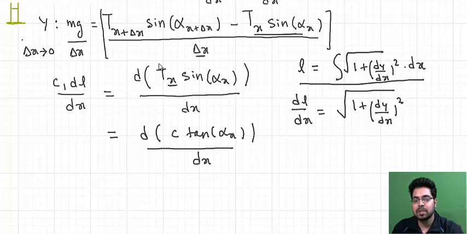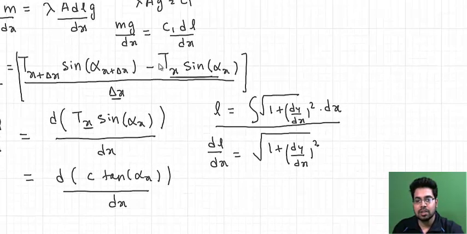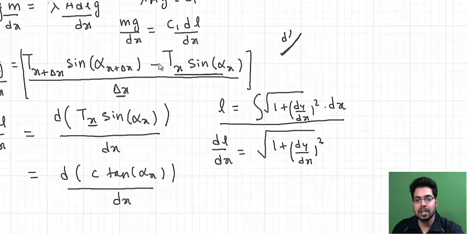How? Let us see. Let's say we are having some segment of differential length dl. So this x coordinate would be dx, and this is going to be dy. For the differential length, this will act as the hypotenuse.